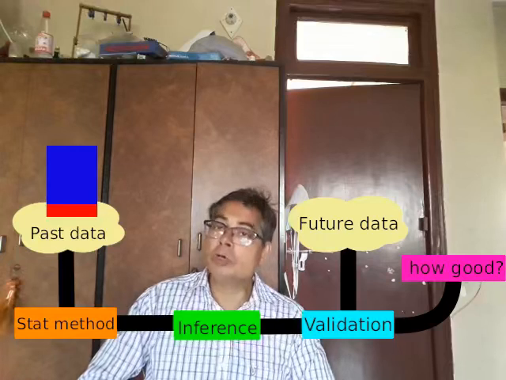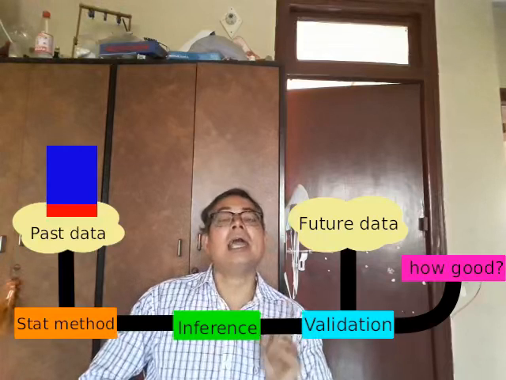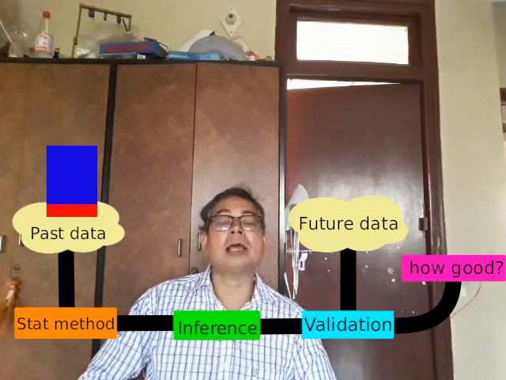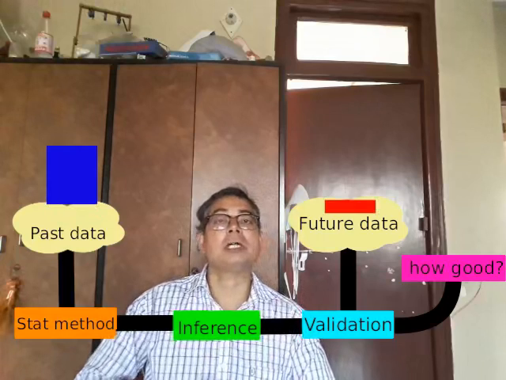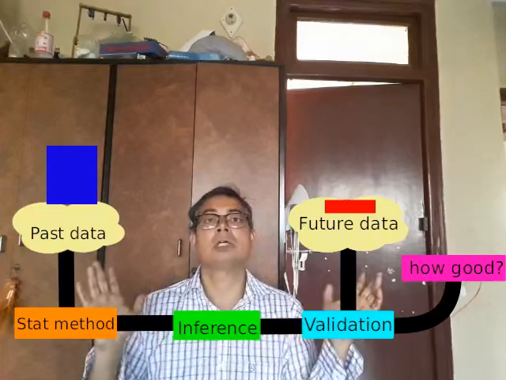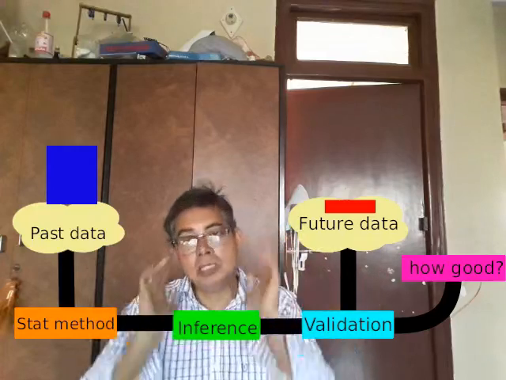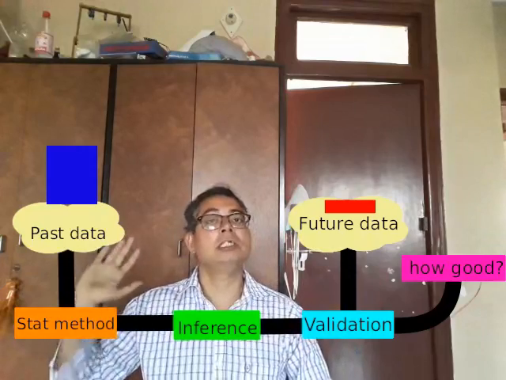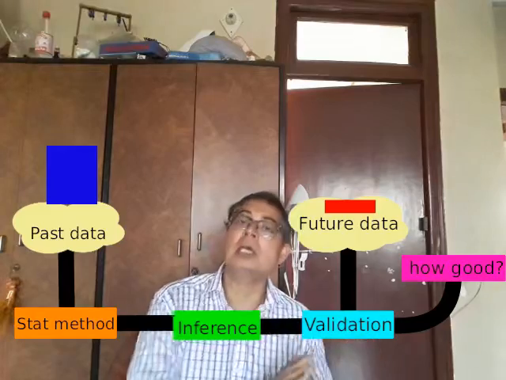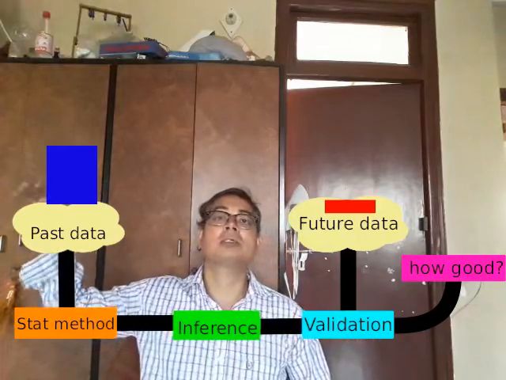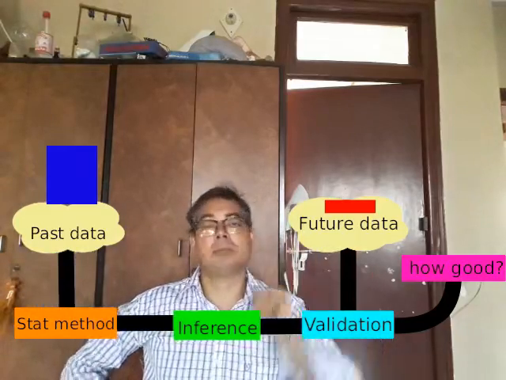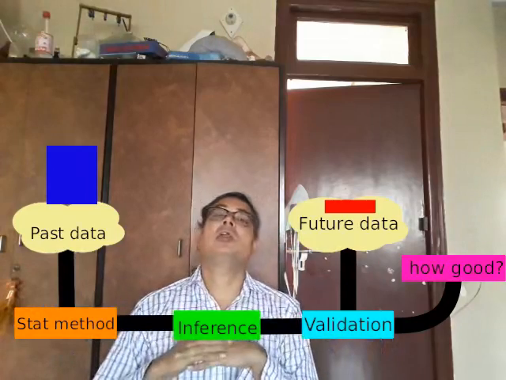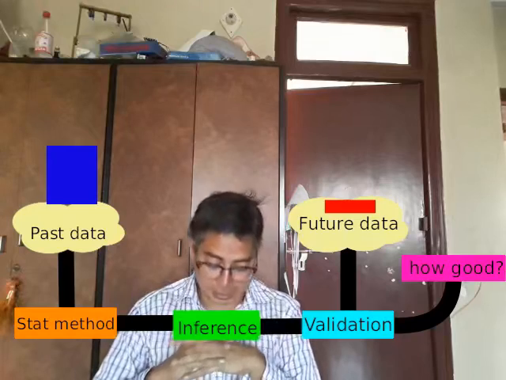Use only the blue part as your past data and keep the red part as a proxy for your future data. That's it. So the red part is not at all used as an input to your statistical method. It is used only for the validation. This is called the training part and this is called the test part. That is the terminology used in the world of cross-validation.